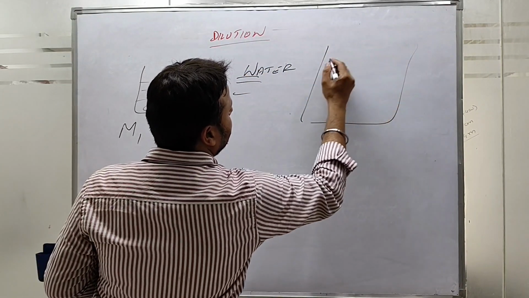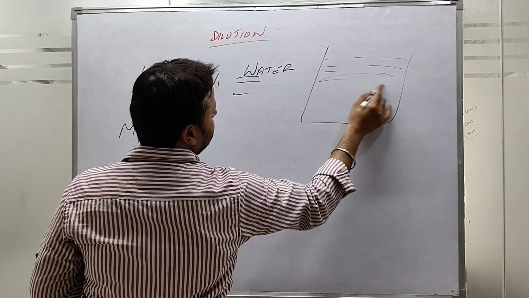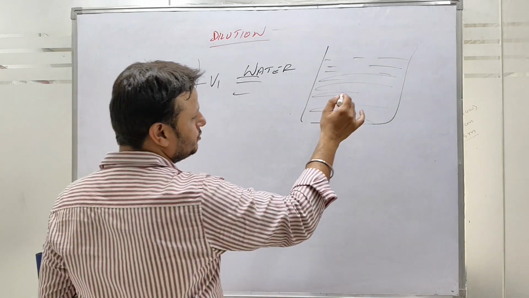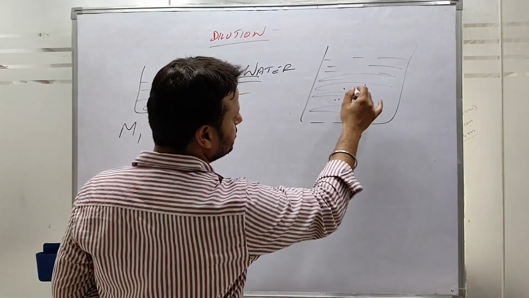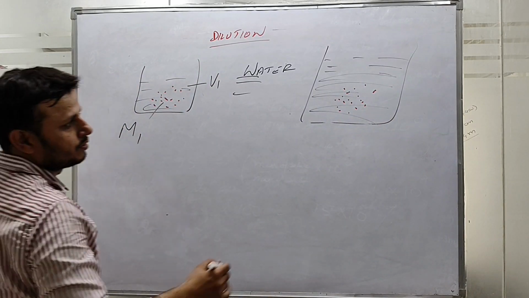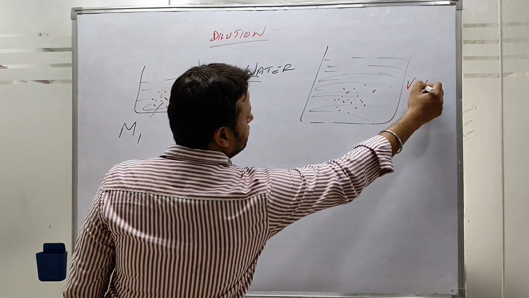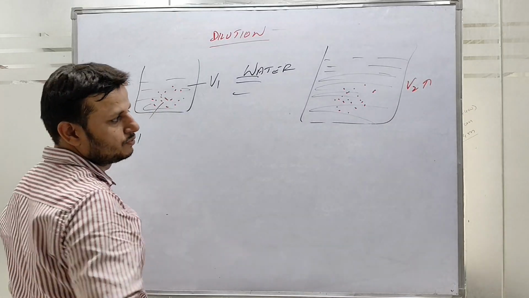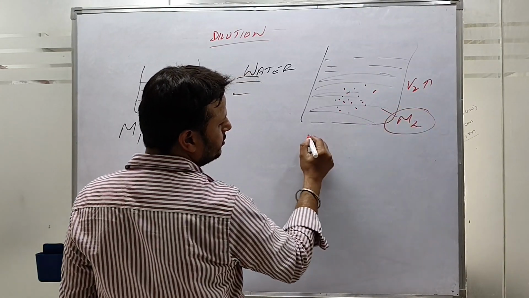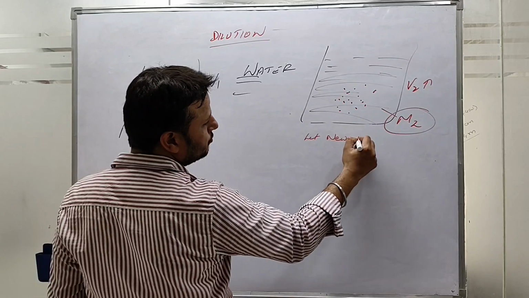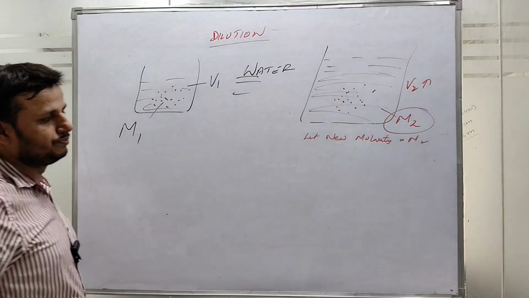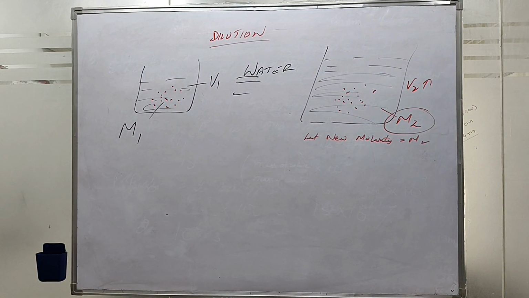We increase the volume of solution, but solute के particles तो सेम क्वांटिटी में रहेंगे. As volume increases, so there will be change in molarity, and let new molarity is equal to M2.